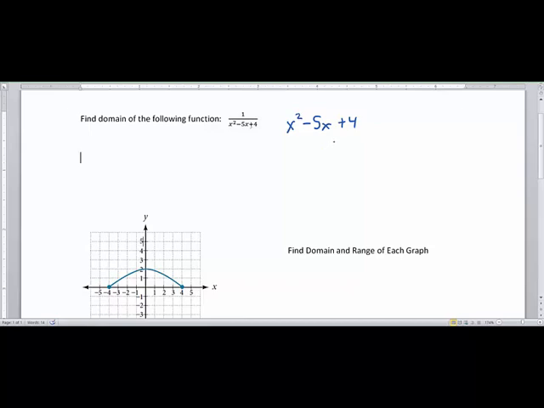Now, guessing and checking would be a pretty laborious process, but what we can use is our knowledge of factoring from college algebra to figure out what values of x would make this denominator equal to 0. So, in this simple factoring problem, we are going to look for the two numbers that multiply to make 4 and add to make -5.